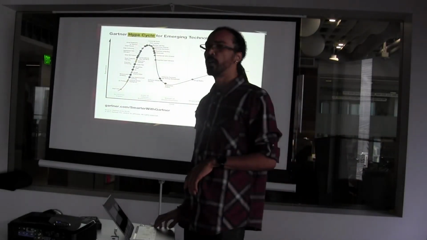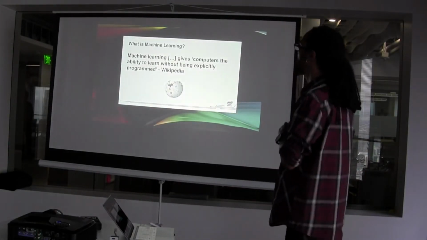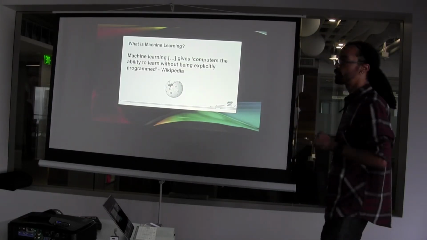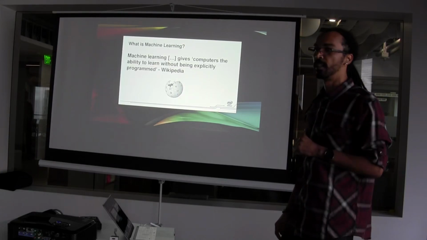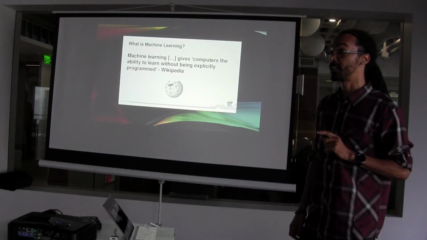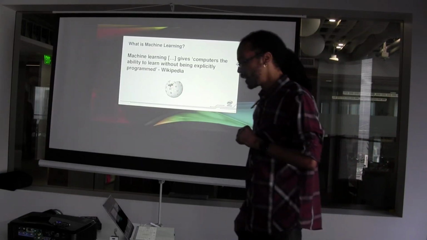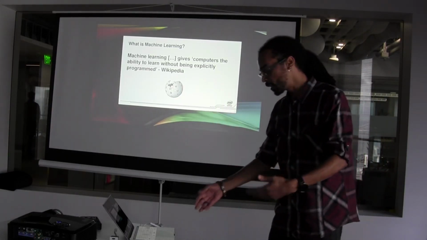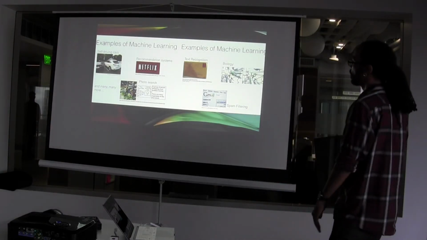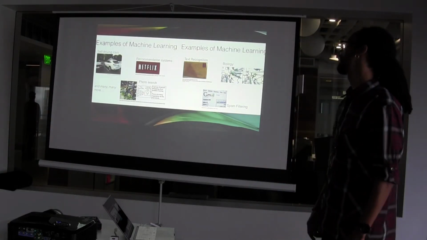So, the dictionary definition of machine learning is what gives computers the ability to learn without explicitly being programmed. Any questions? Because I actually had someone who had a question after I said that. So, a good example of that is all over the place. Self-driving cars. When you watch Netflix, they give you recommendations.